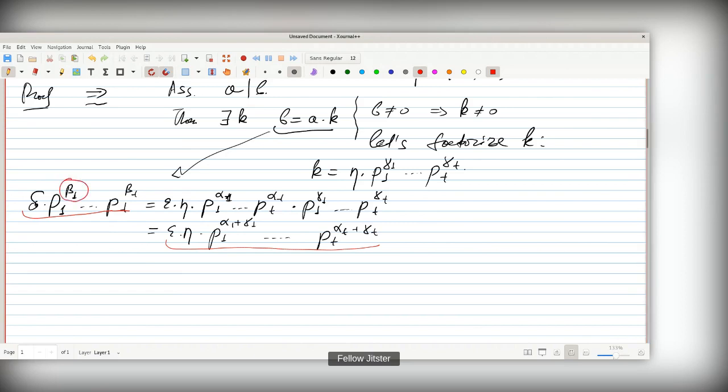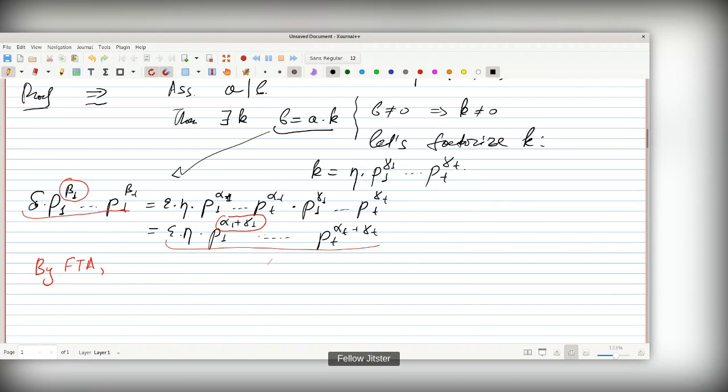On the one hand, this degree is beta 1. But on the other hand, according to this alternative factorization, it is alpha 1 plus gamma 1. But by the fundamental theorem of arithmetic, these degrees must be uniquely determined.